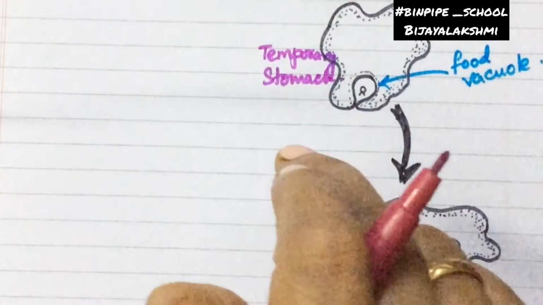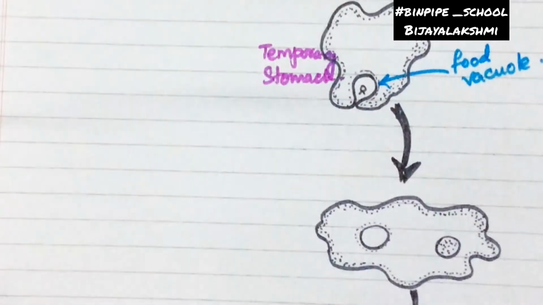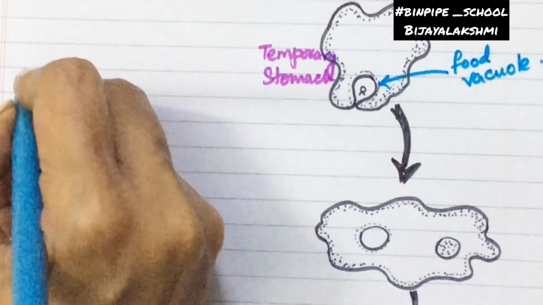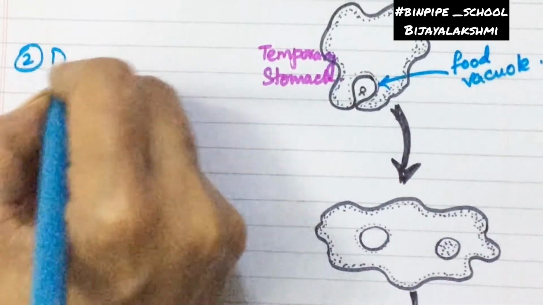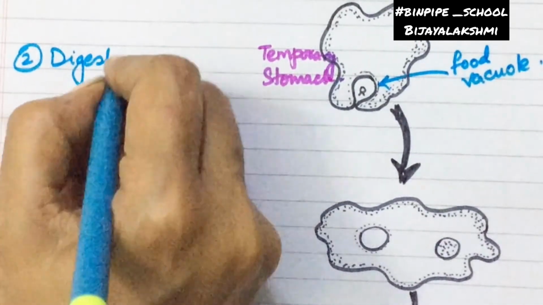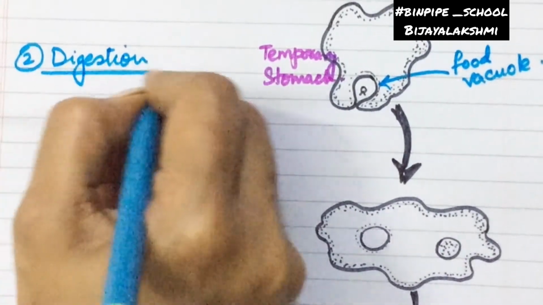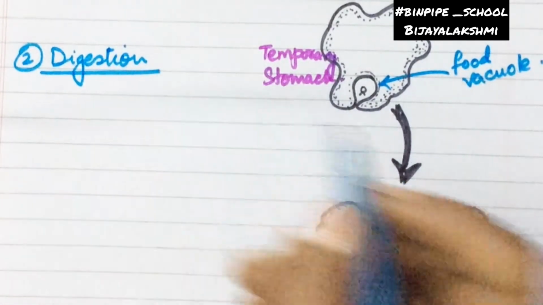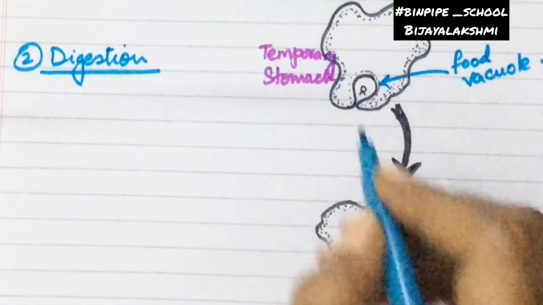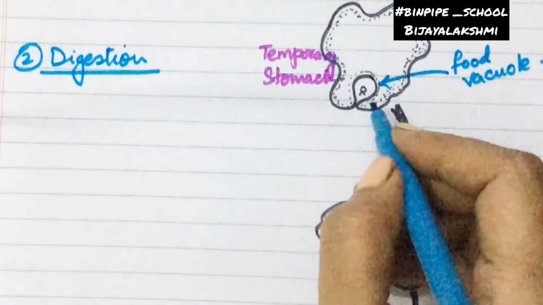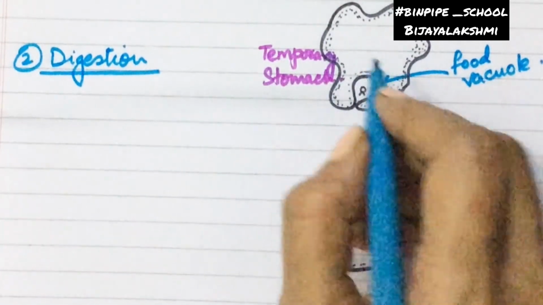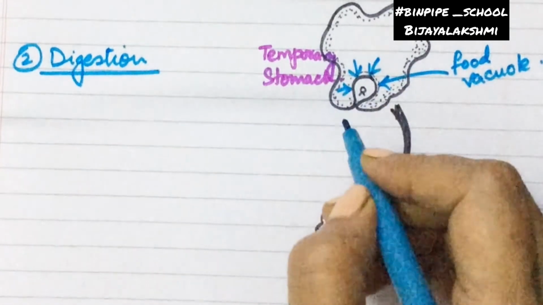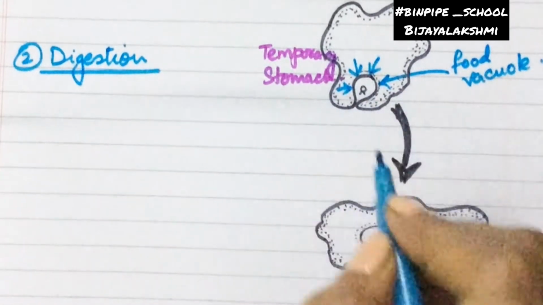Now the next process that takes place in amoeba is called digestion. Digestion takes place inside the food vacuole. The enzymes from the cytoplasm enter into the food vacuole and the food starts breaking down.